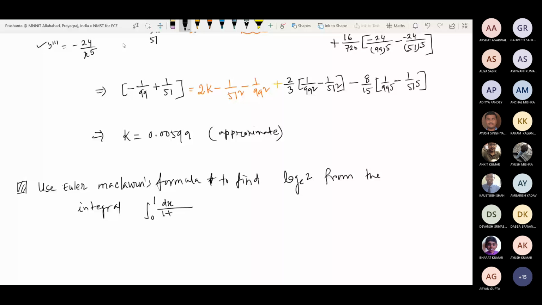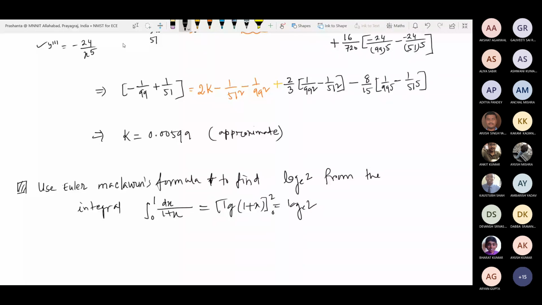So this integration is very easy. This is a log of 1 plus x, then you put the upper limit and lower limit, so it will be log 2.